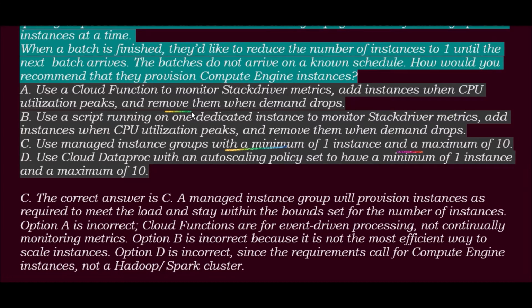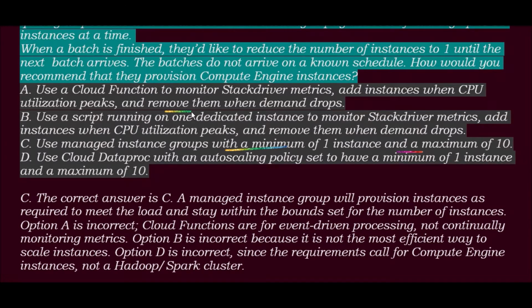Option B, use a script running on one dedicated instance to monitor Stackdriver metrics, add instances when CPU utilization peaks, and remove them when demand drops, is also incorrect because it's not the most efficient way to scale instances.